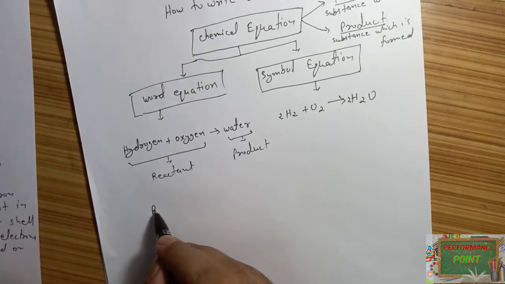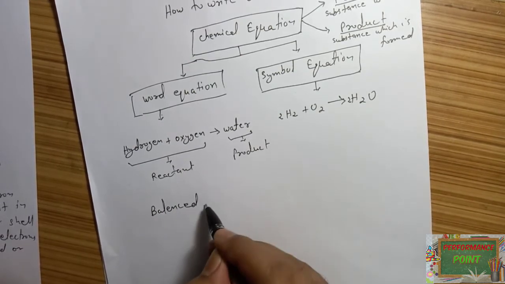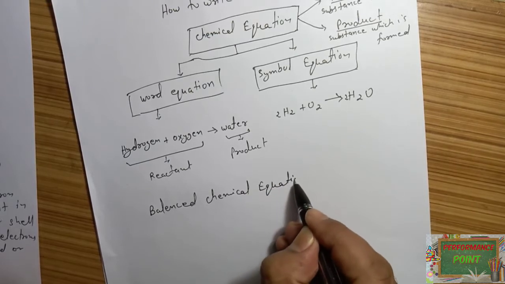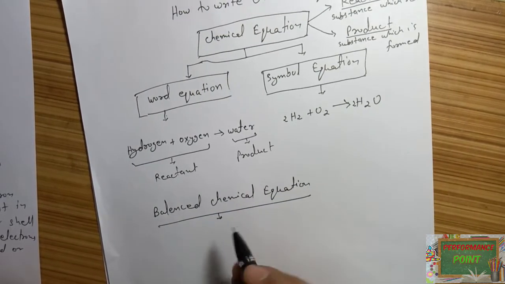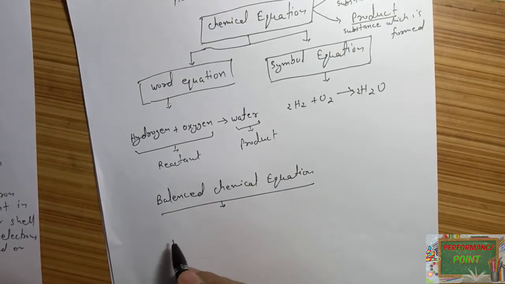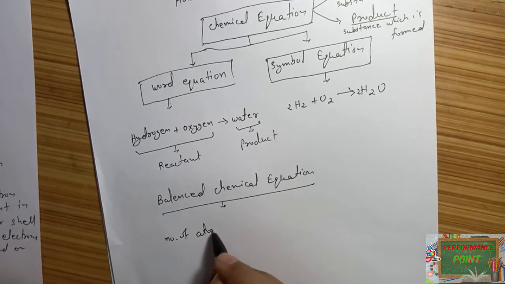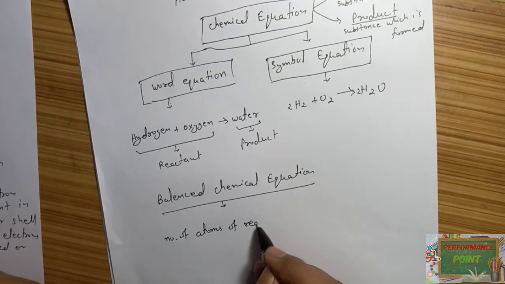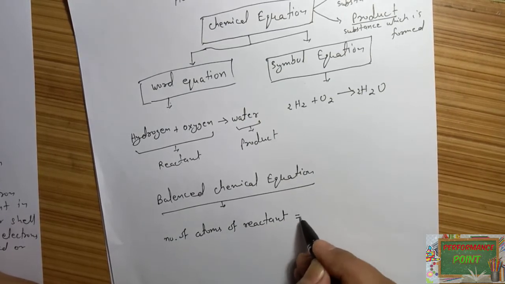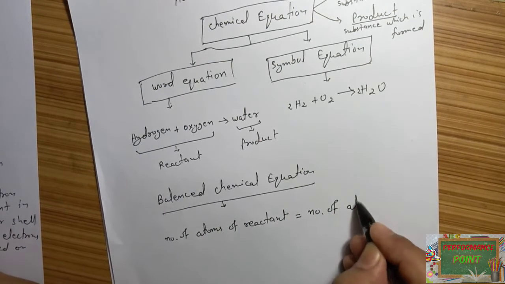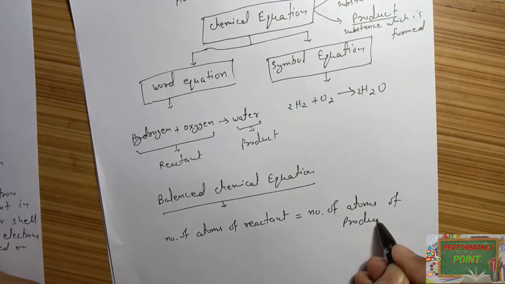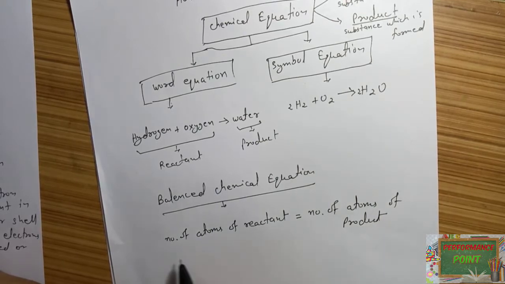In a balanced chemical equation, the number of atoms of reactant should be equal to the number of atoms of product. So this is very important.